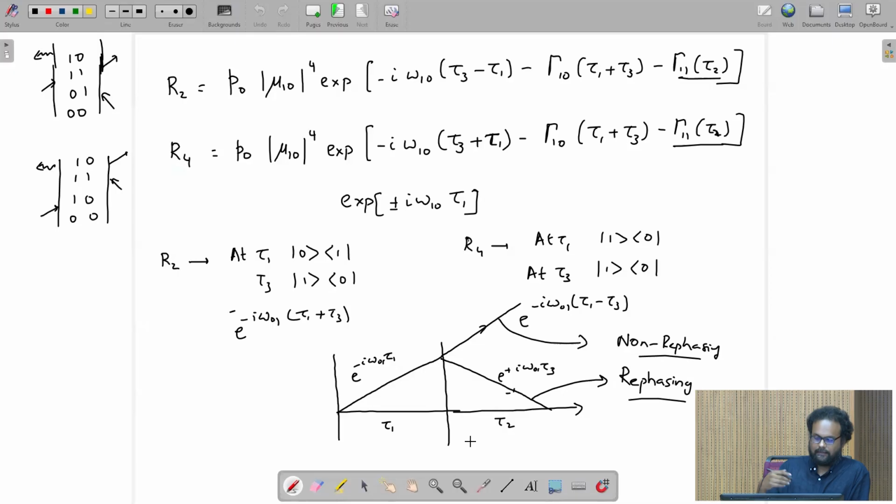If I bookkeep the overall dynamic phase imparted into these 2 diagrams alone, you will see that in one case, the phase is completely recovered, while in the other case, it is not recovered. And that comes from specifically the difference between these 2 terms in the expression. So that's why we call them rephasing and non-rephasing.